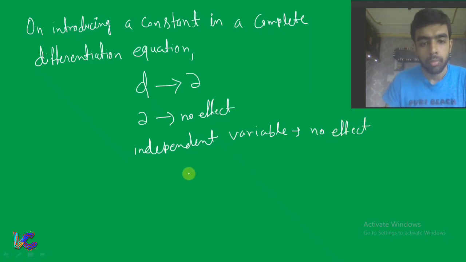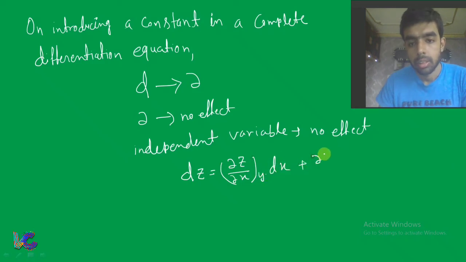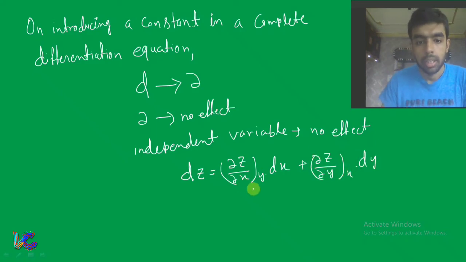So let's see the example I have given you. dz equal to del z del x at constant y into dx plus del z del y at constant x into dy. I am introducing a constant, z equal to constant, so dz becomes 0.